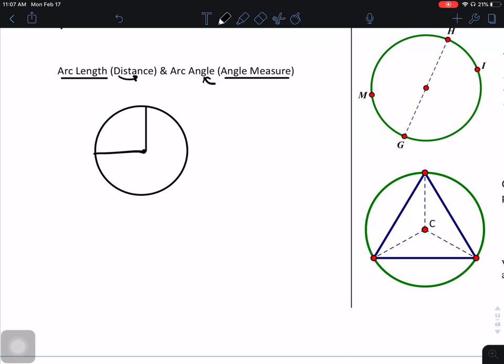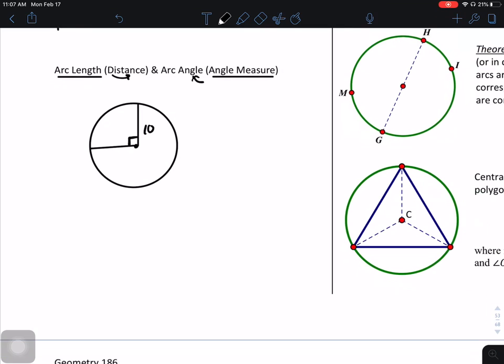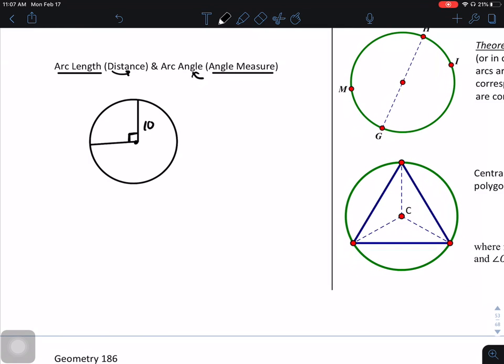Let's say this is 90 degrees, and let's say the radius is 10. And we wanted to know the arc length of AB.